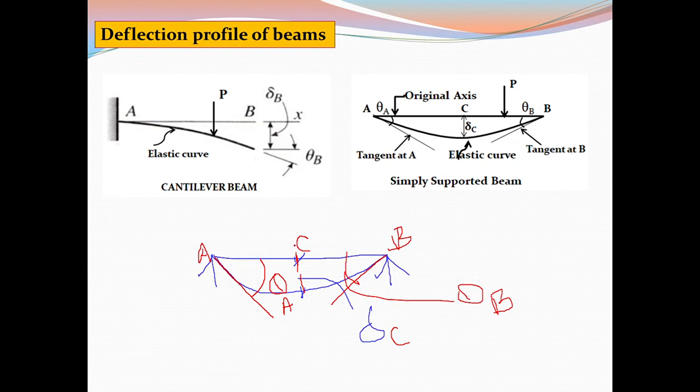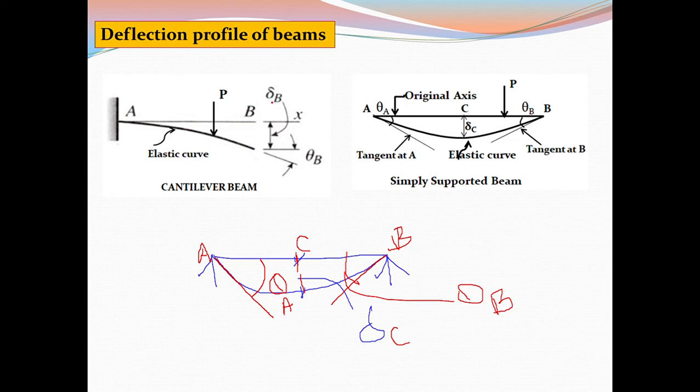So here the first diagram shows the deflection profile for a cantilever beam. This is the deflection of the cantilever beam at B, at the free end; the beam will deflect like this.